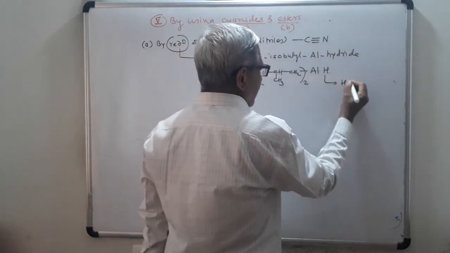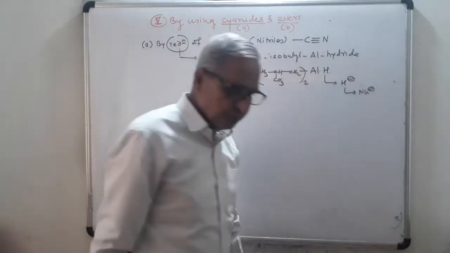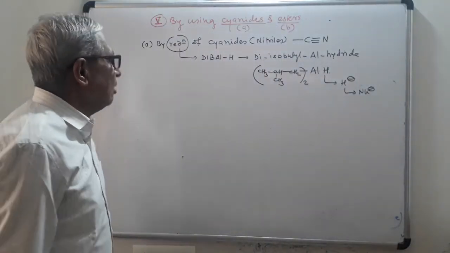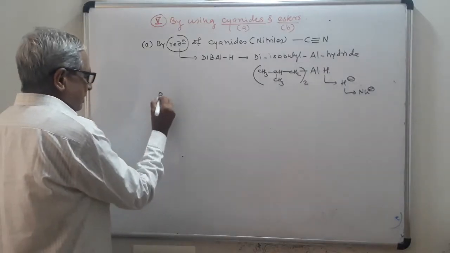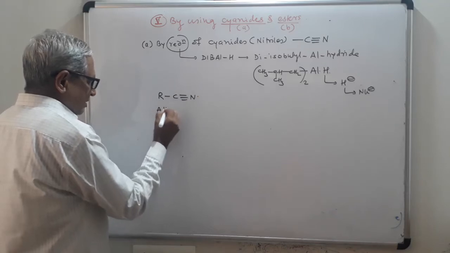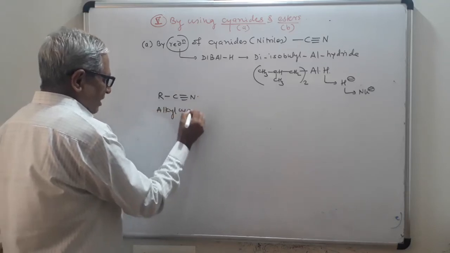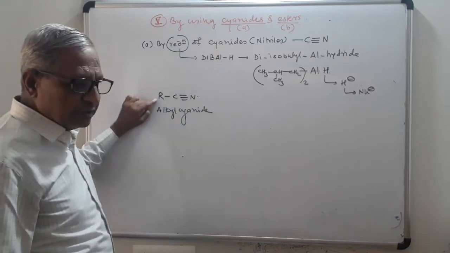Hydride has formula H minus, and this is a nucleophile, and it is used for the particular reduction of cyanides or nitriles. Now see the example here, RC triple bond N. This is alkyl cyanide. Put R equal to H, hydrogen cyanide.